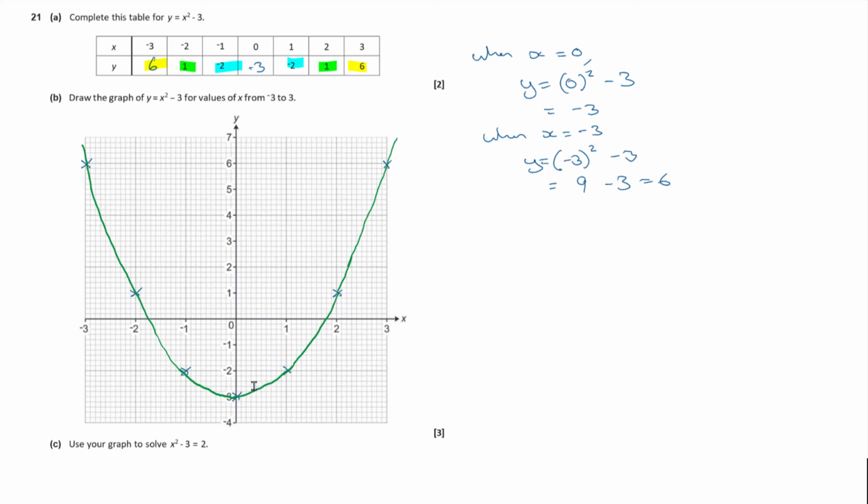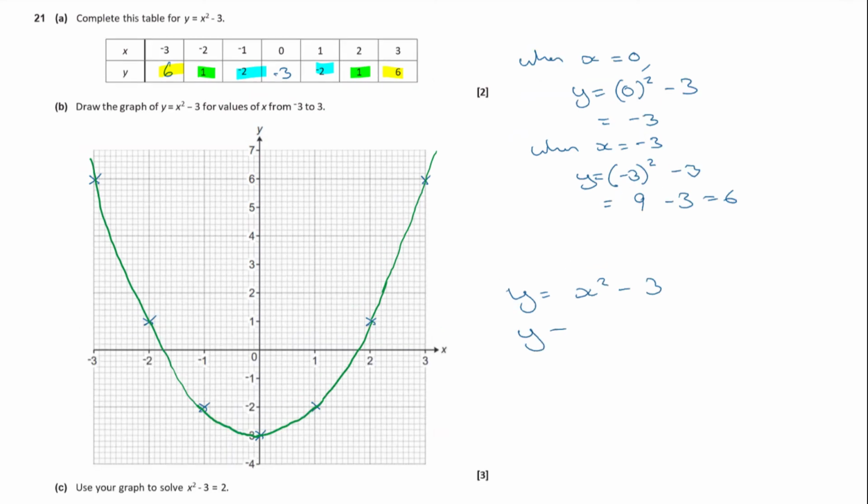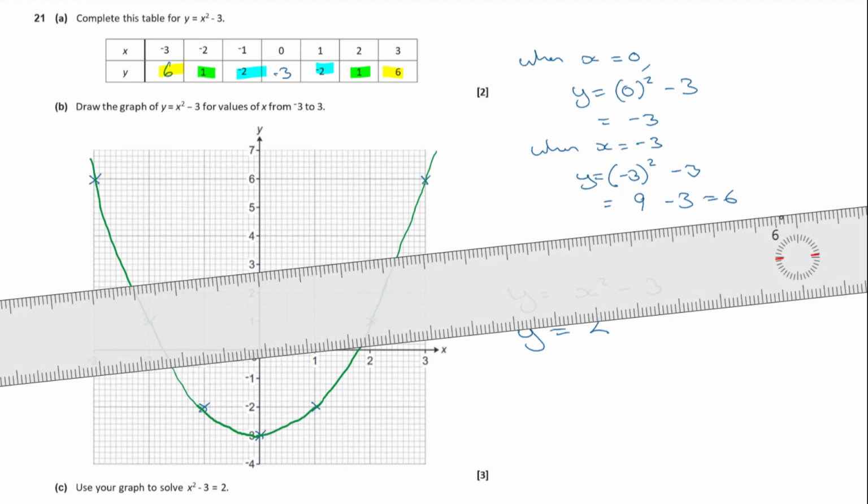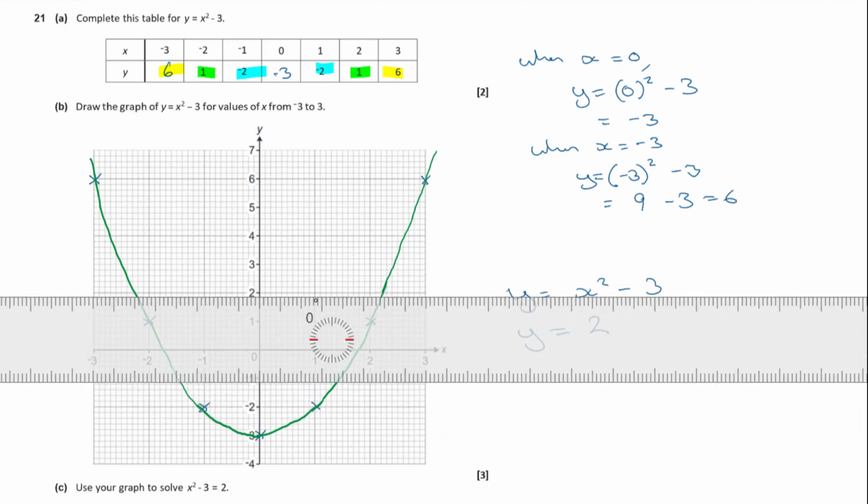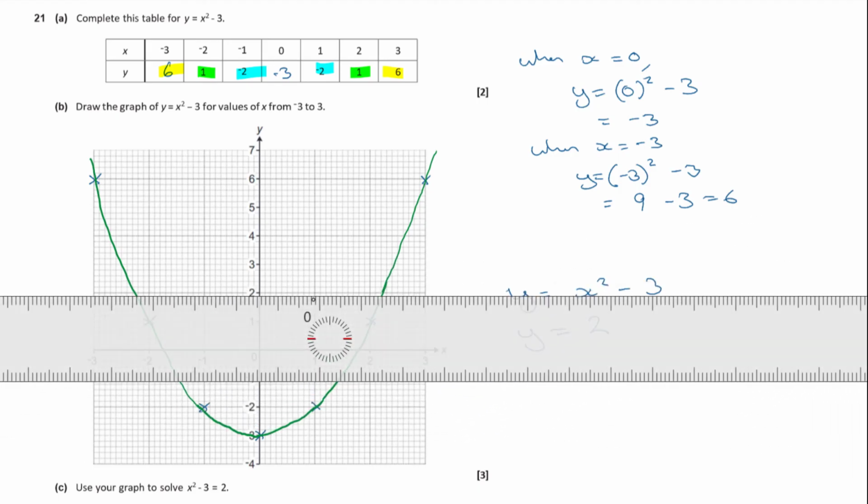Use your graph to solve x squared minus 3 is equal to 2. Well, this is the graph y is equal to x squared minus 3. Now, if I draw the graph y is equal to 2 on top of that, which is a horizontal line passing through y is equal to 2, then where my two lines cross should be the solution to that equation.